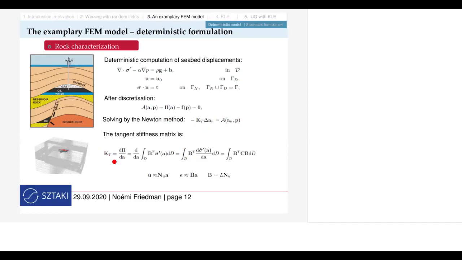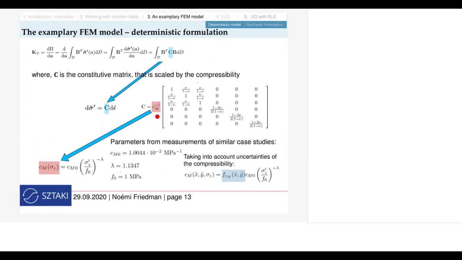In this case, our uncertainty came from the stiffness matrix. The stiffness matrix is computed from this integral where these are matrices. B is the known finite element matrix with the derivatives of the finite element basis functions, and C is the constitutive matrix. The constitutive matrix is shown here with the Poisson numbers and scaled by the inverse of the compressibility.